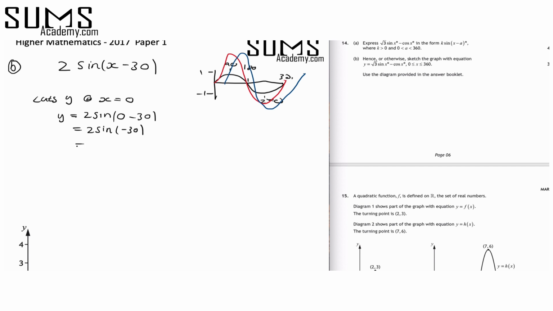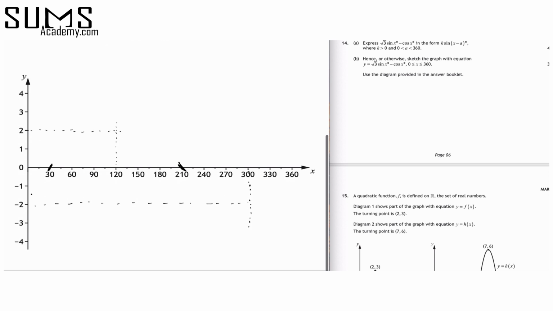Well, we know that sine 30 is a half, so sine -30 is going to be minus a half, so 2 times -1/2, which is equal to -1. So the y-intercept is at (0, -1). Let's mark that one there, so here.